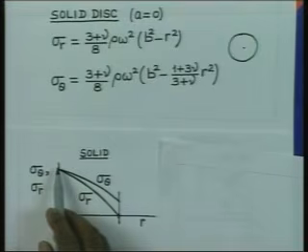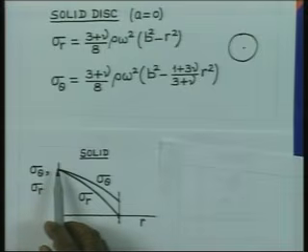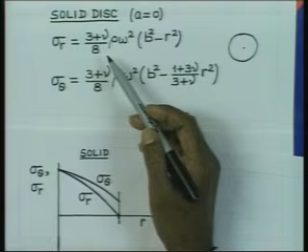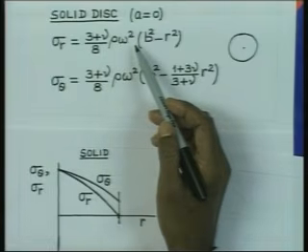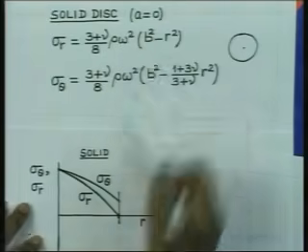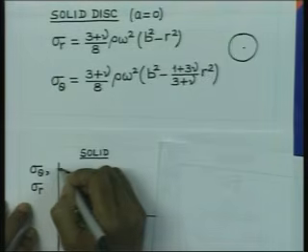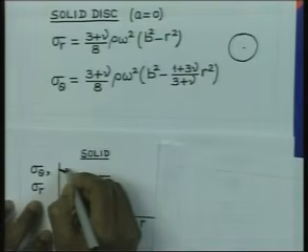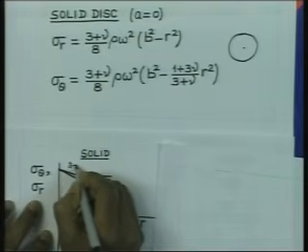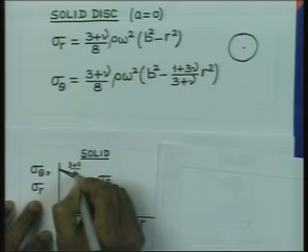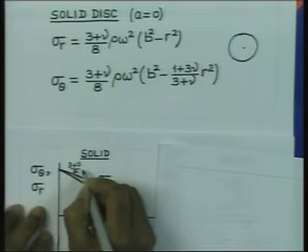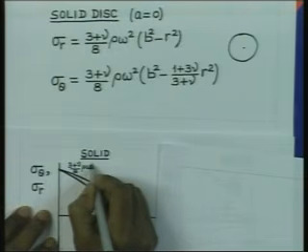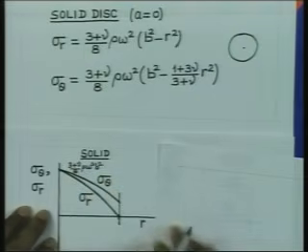You have both sigma theta and sigma r equal to (3 plus nu) by 8 rho omega square into b square. So, the magnitude of the value at this point, we can write, it is (3 plus nu) by 8 into rho omega square into b square, that is the value of the stress.